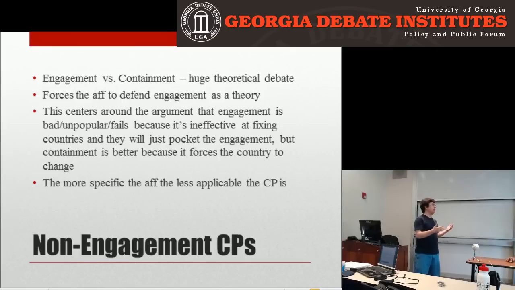A big focal point of the engagement literature is whether we should appease them or whether we should force them into doing something that eventually turns them into a pro-U.S. government. So it fits better with advantages that center around a government making a particular change.